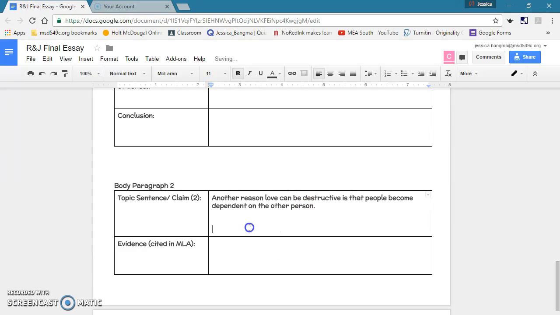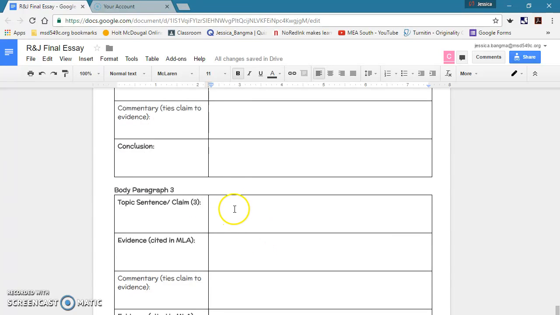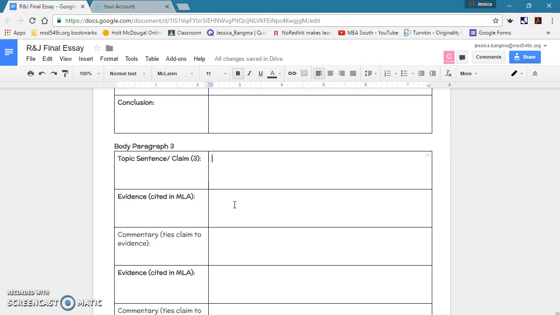All right. And then lastly, I am going to write my third claim statement. This is the topic sentence for my third body paragraph. Again, this is a great opportunity to use another transitional word or phrase to move your audience along and add fluency to your writing.